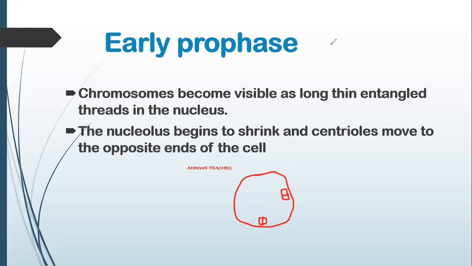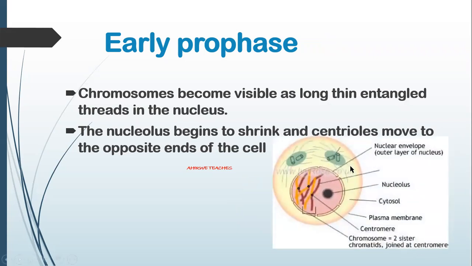Why? We are going to see how important these centrioles are. Then you can have a glimpse at our cell. This is a cell in prophase or in early prophase.